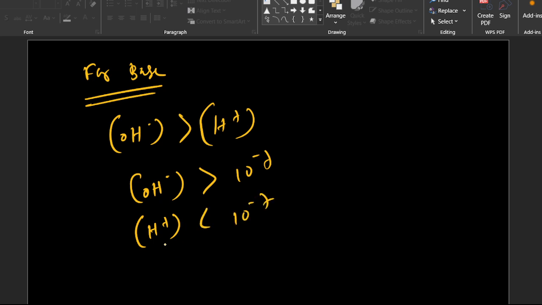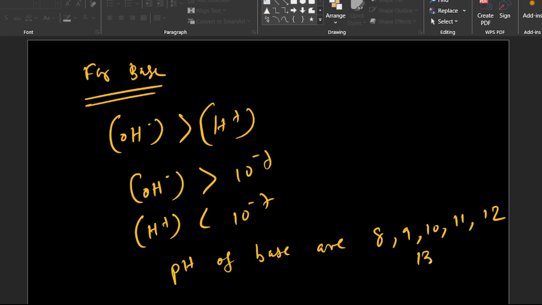So the pH of bases are 8, 9, 10, 11, 12, 13, 14 at 25 degrees centigrade. If temperature increases, then it may reduce up to 12, because pH is dependent on temperature.